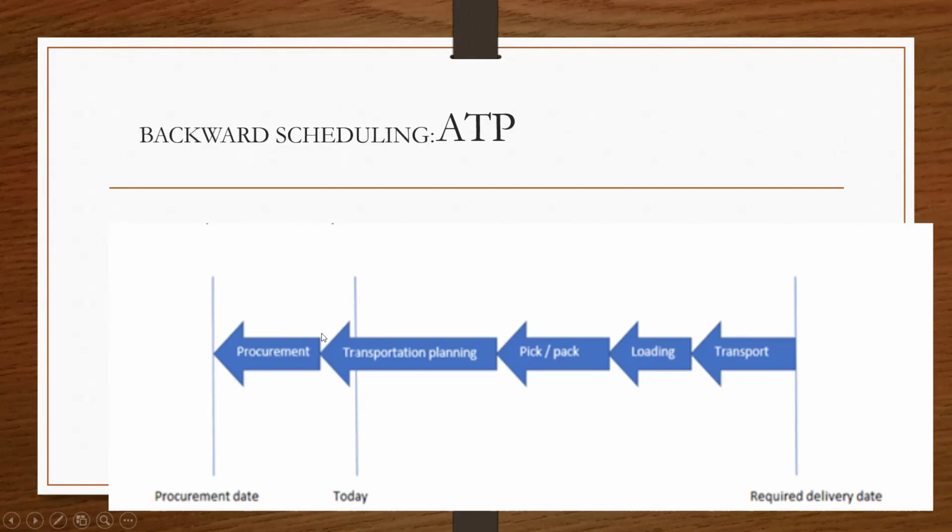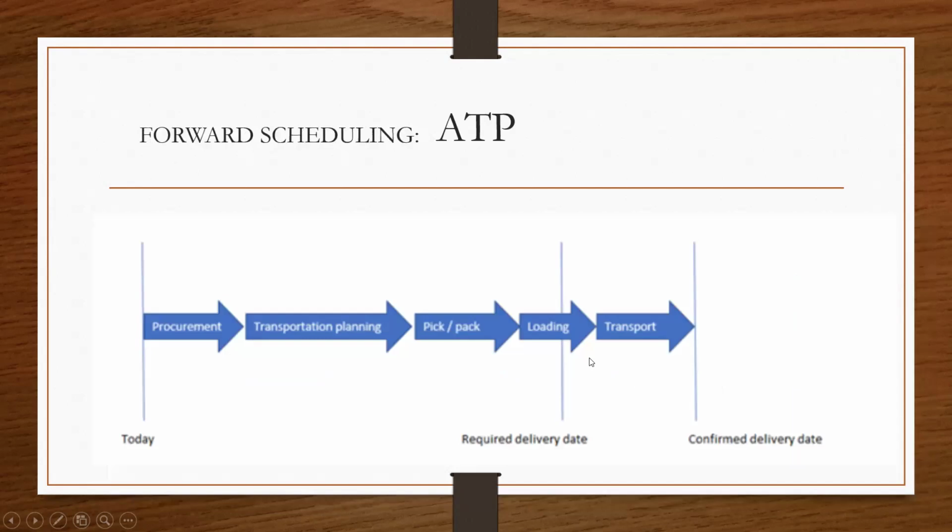From that, if it goes further, then it will determine this. After calculating all lead times in backward scheduling, even if it is a single day, if it moves further, then the requested delivery date moves to here.